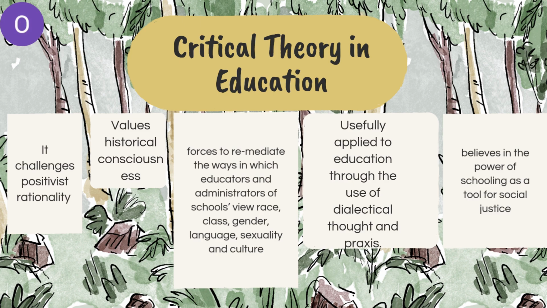Critical theory pushes educators and educational researchers to rethink the power dynamics that both influence and work within school systems, as explored by Antonio Gramsci, 1891 to 1937, who believed that all humans were capable of intellectual and rational faculties.